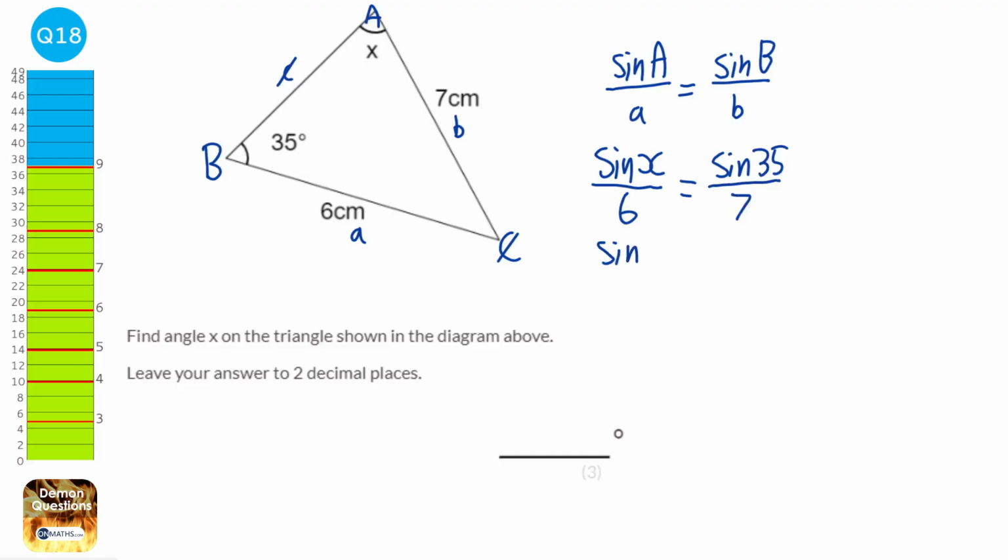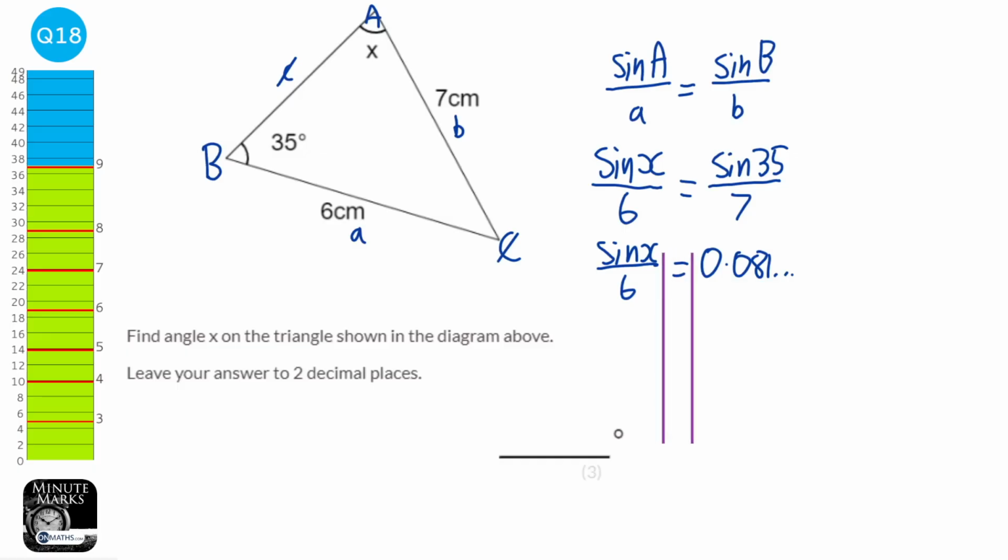Okay, we're going to work out what the right hand side is. So that's going to be 0.081 and so on. And then we're going to be solving this. The first thing we're going to do is times by 6 both sides. So we get sine x is equal to 0.491 and so on.